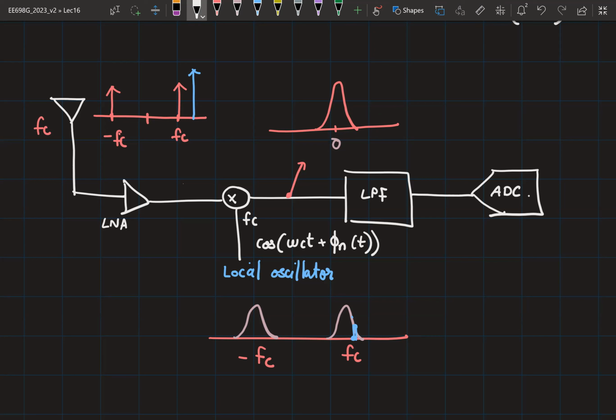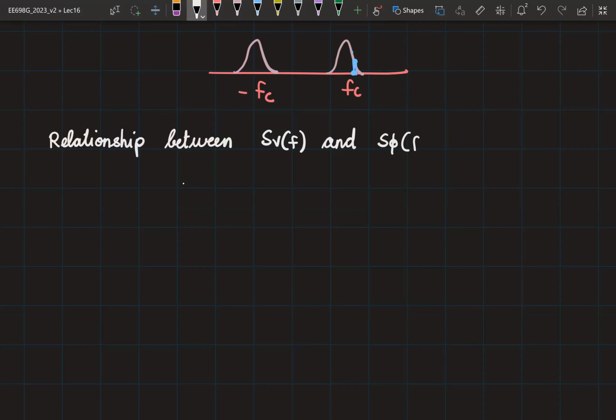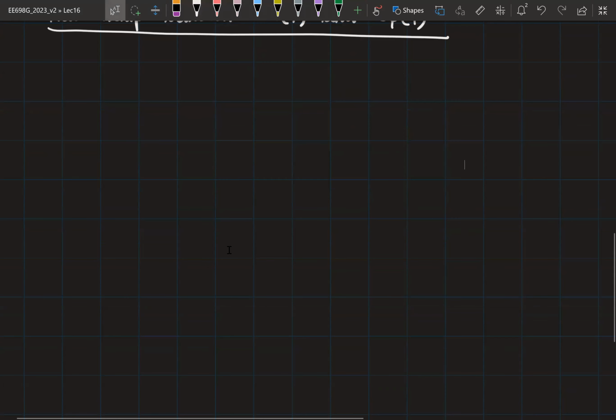So now we are going to look at the relationship between SV of f, which is the voltage domain signal, and S phi of f. So let's take the signal once more.